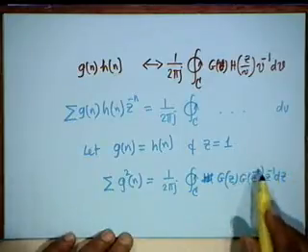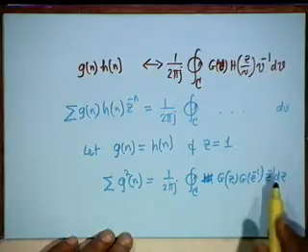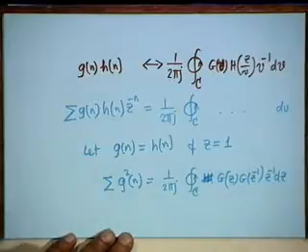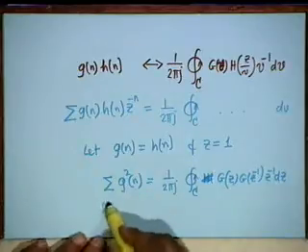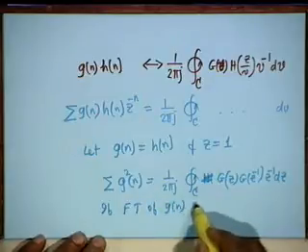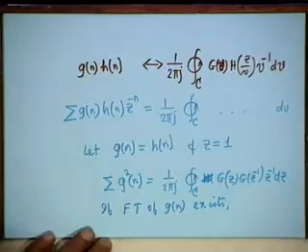Now, if the region of convergence includes the unit circle, then we know the Fourier transform exists. In other words, the contour C can be the unit circle if the Fourier transform of g of n exists, then we could replace small z by e to the power j omega.